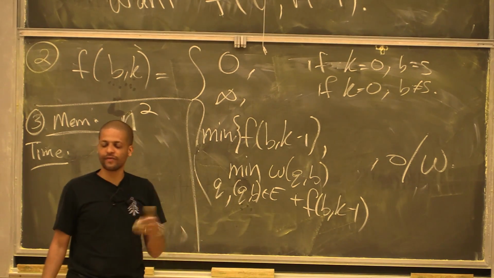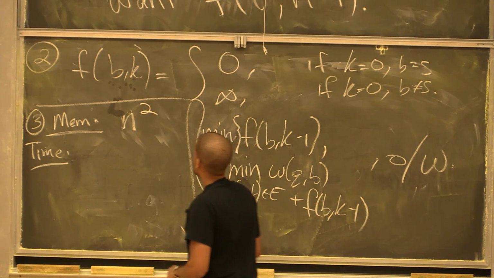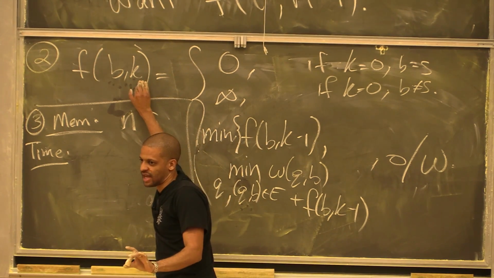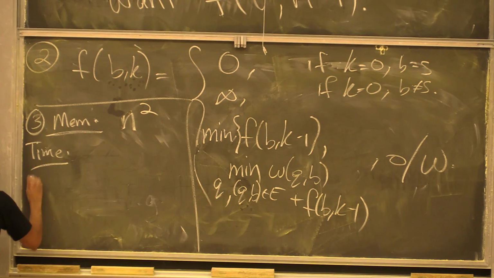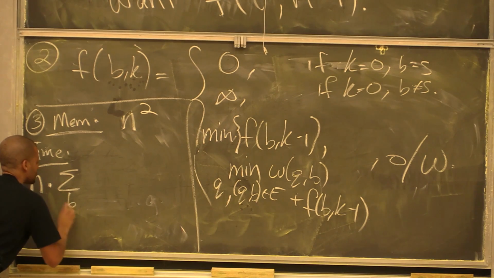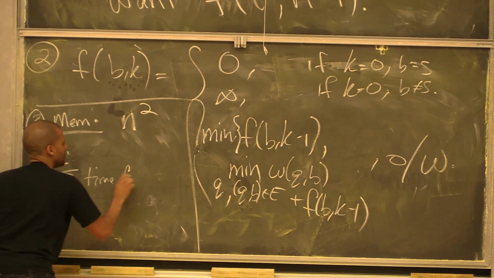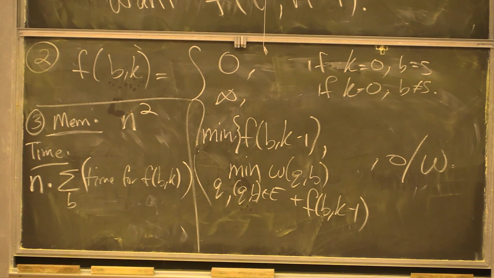If I'm a little more careful, just like I was with shortest path and DAGs, I could say, look, fix k. There are n possibilities for k, right? And then let me sum over all b's, and then the time for fbk. What's the time for fbk?